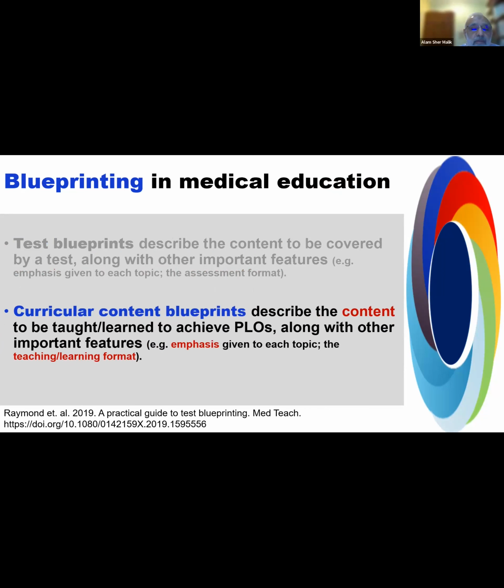Whereas curricular content blueprints describe the content to be taught or learned to achieve PLOs. These definitions may seem a bit complicated and boring in a way, but when we see how we calculate it, that would really help to understand it.